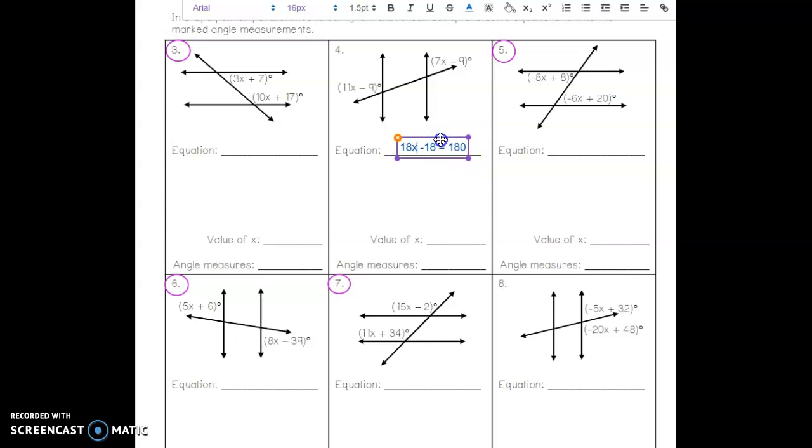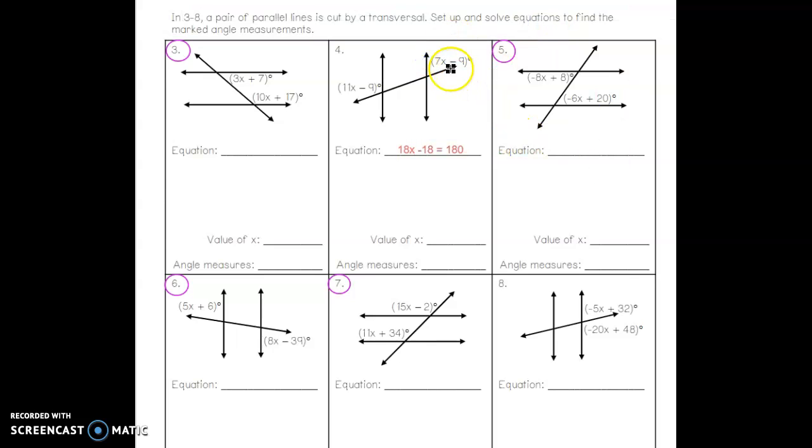If they are same side exterior angles, they are supplementary. I have one acute, which is this expression right here, that's my acute, less than 90, and this is my obtuse, greater than 90. And so they are going to be a supplementary relationship.